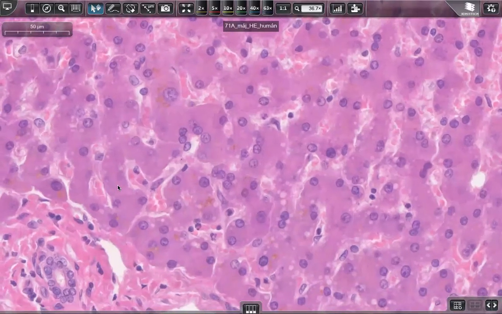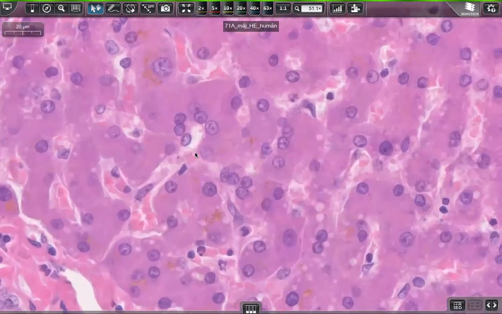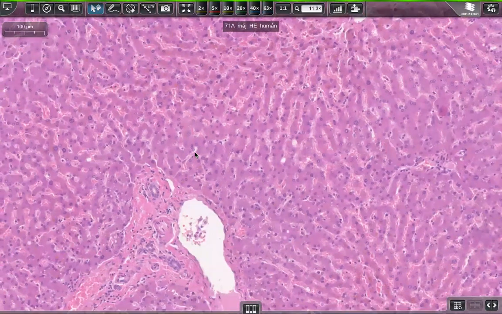Not among the lobules, but sometimes close to the periphery, we can see another part of the duct system called Herring's canal. So Herring's canal, I'm trying to show a proper one because it's not nice.